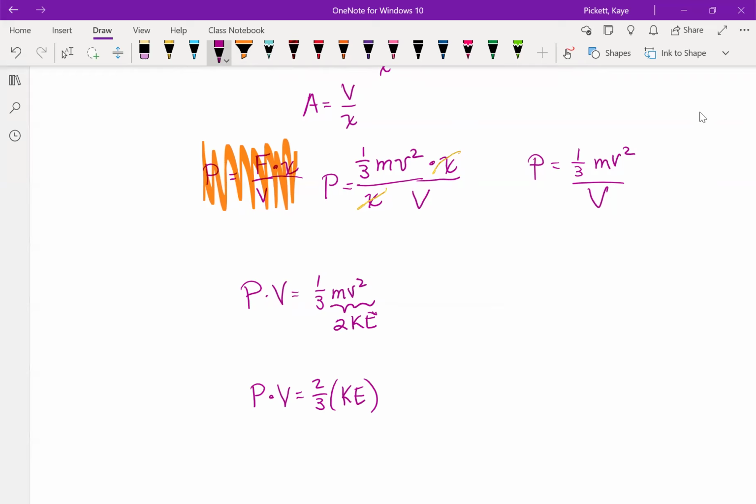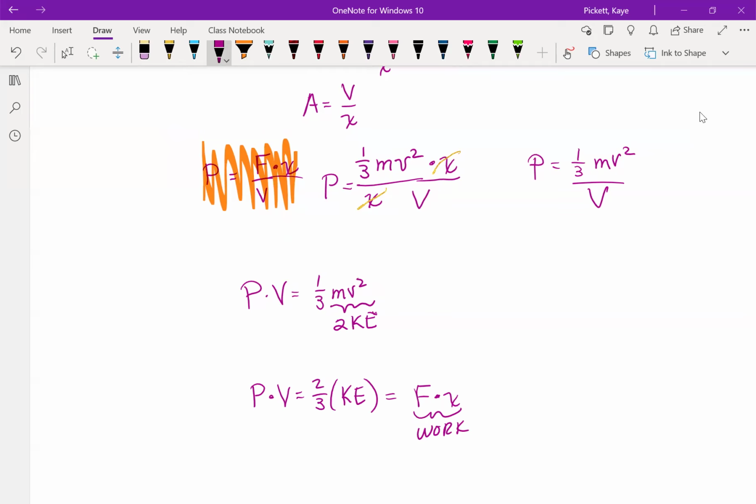Remember up here I said we're going to come back to this. Pressure times volume is force times distance. This is work. Pressure times volume is work, is energy.